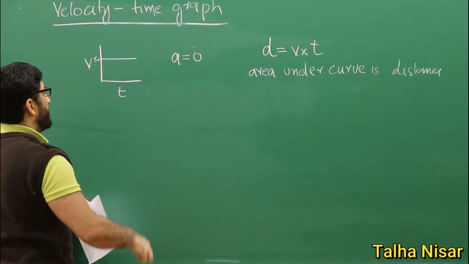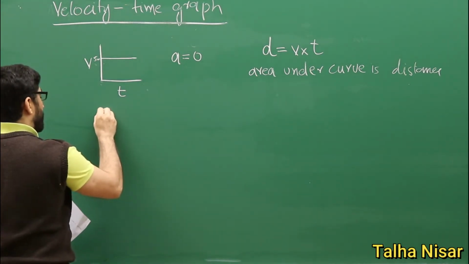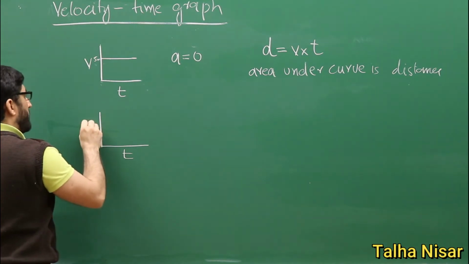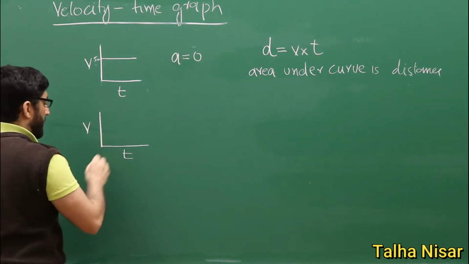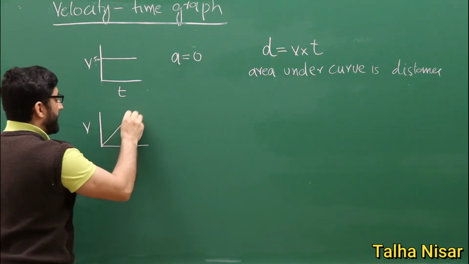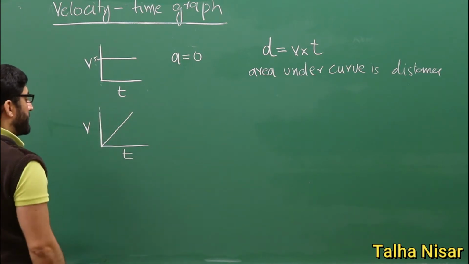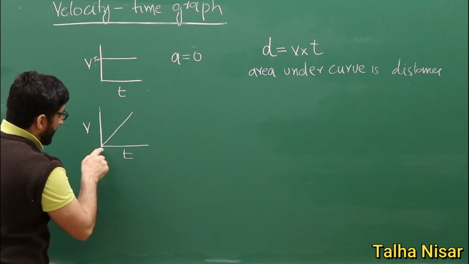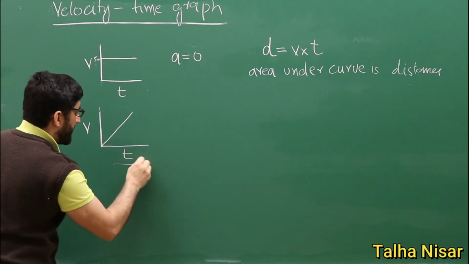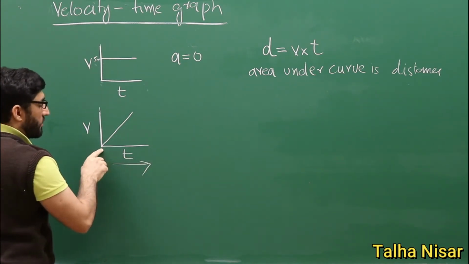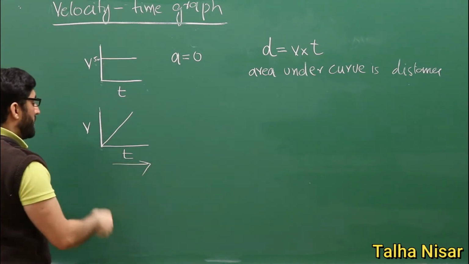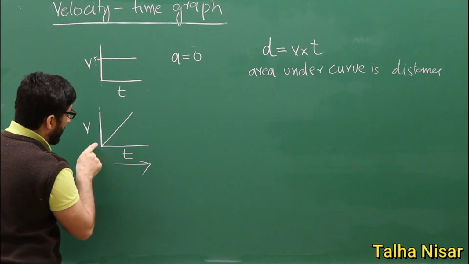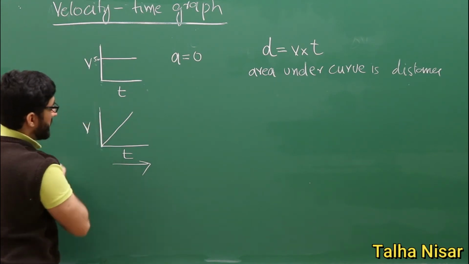And now we take the second example. Again, on the x-axis we have time, and on the y-axis we have the velocity. Whenever we have a straight line, a linear case, with the passage of time, the velocity is increasing.